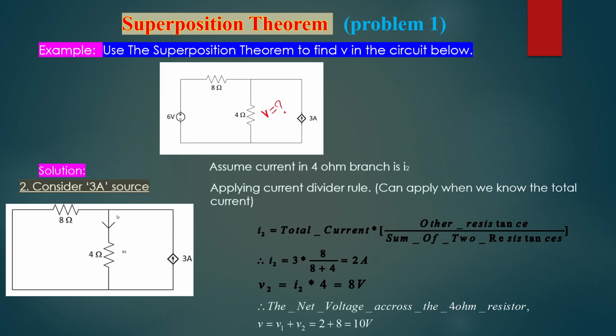We calculated V1 in the first phase, that is 2 volt, and now V2 is equal to 8 volt. So the voltage across the 4 ohm resistor, the value of V, is equal to 10 volt. Okay, so that's it.